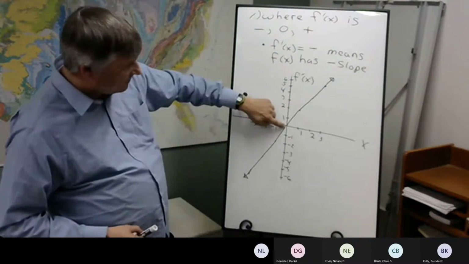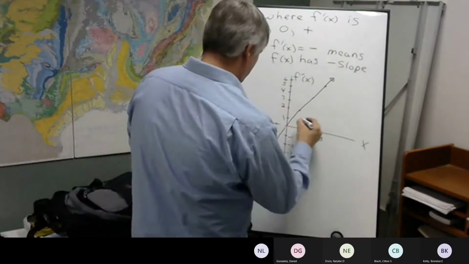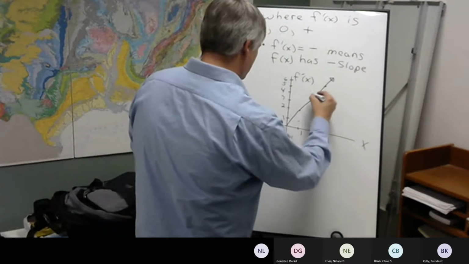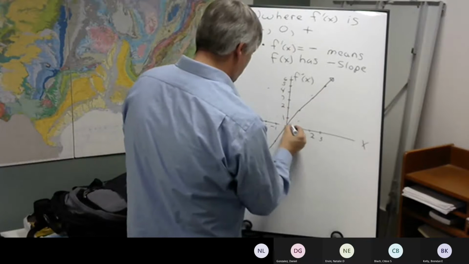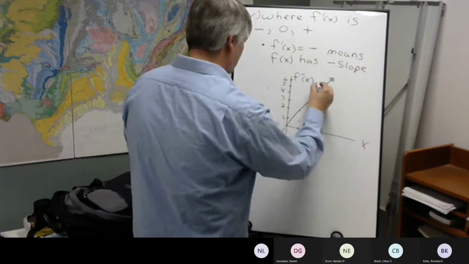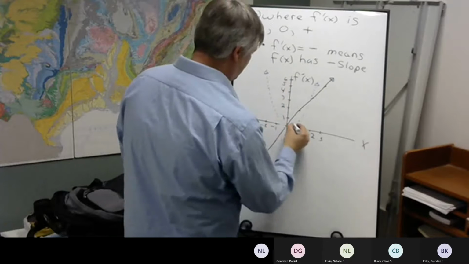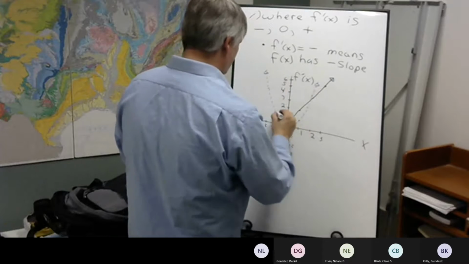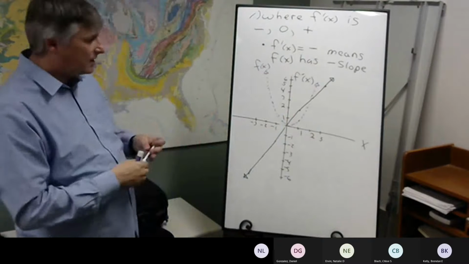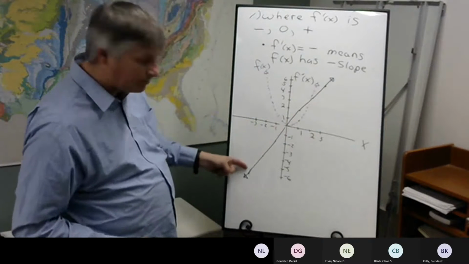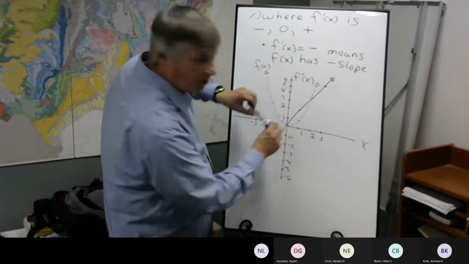So if you think about y equals x squared, and here, I'll put the graph on here, sure enough, if you look at everywhere where f prime is negative, the tangent lines for f of x all have a negative slope.